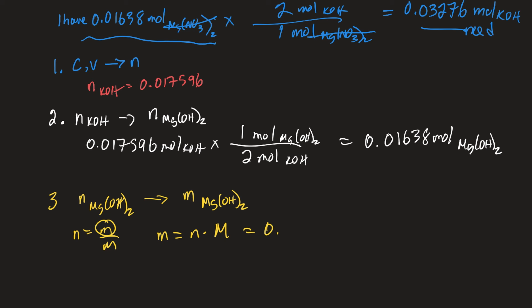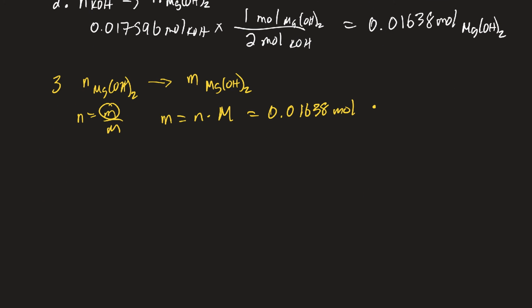The moles I just found, 0.01638 moles times, I don't have the molar mass of that. Let me go and do that. So I have 1 magnesium, that's 24.31. I have 2 oxygens, that'll be 32 altogether. And I have 2 hydrogens, so that'll be 2.02 altogether.